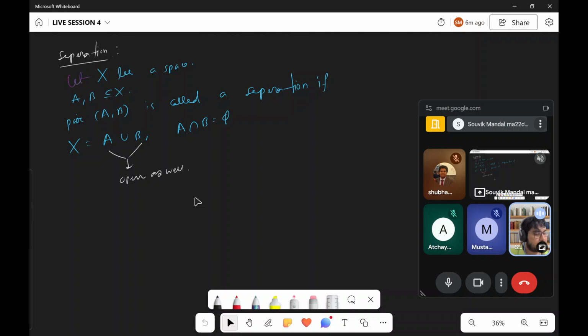Then we say that the pair AB is a separation of X. That is, suppose we have two subsets A and B which are both open. Then the pair is called a separation if X can be written as A union B and the intersection is empty.